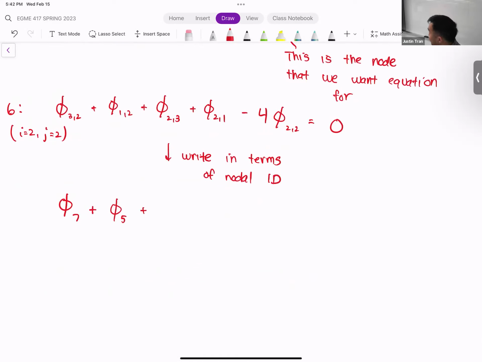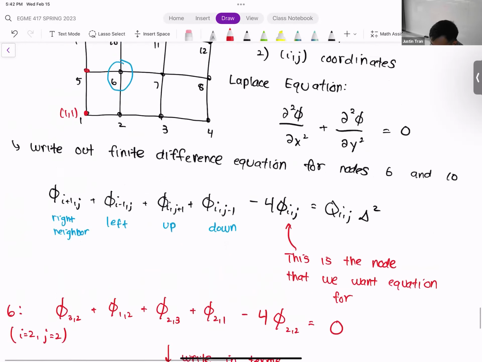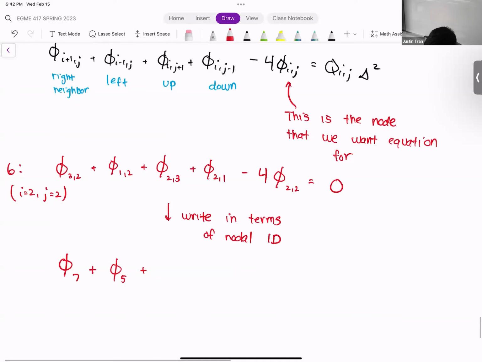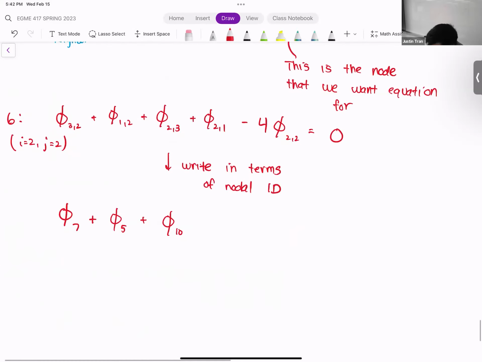Plus phi 2, comma 3. That should be the node right above node 6, so that's going to be phi 10. Phi 2, comma 1 should be the node right below, so that's going to be phi 2.